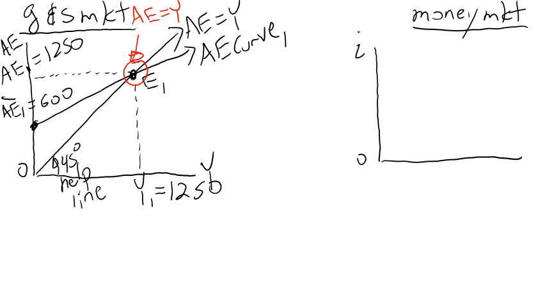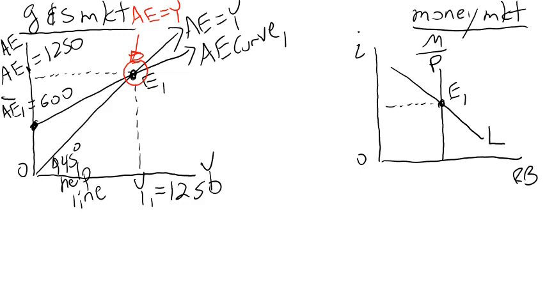Interest rate, real balances, this vertical line, M over P, and of course this is L. Okay, so equilibrium, let's call it E1, the equilibrium interest rate, which we have calculated to be 10%, and the equilibrium real balance level.